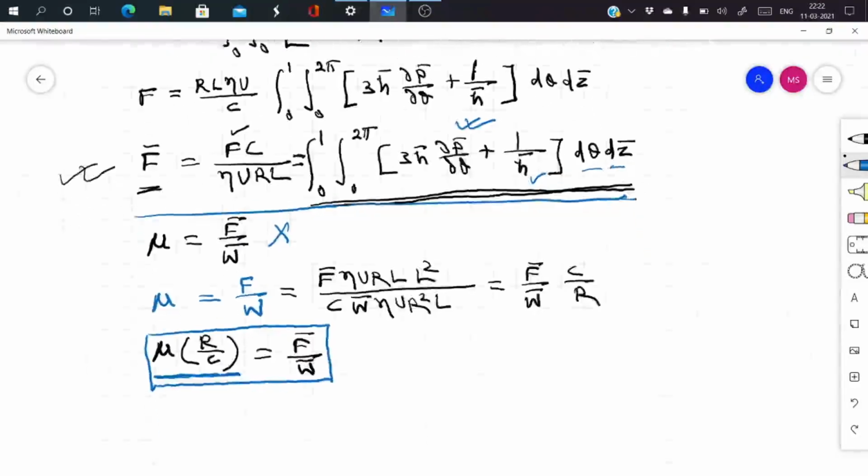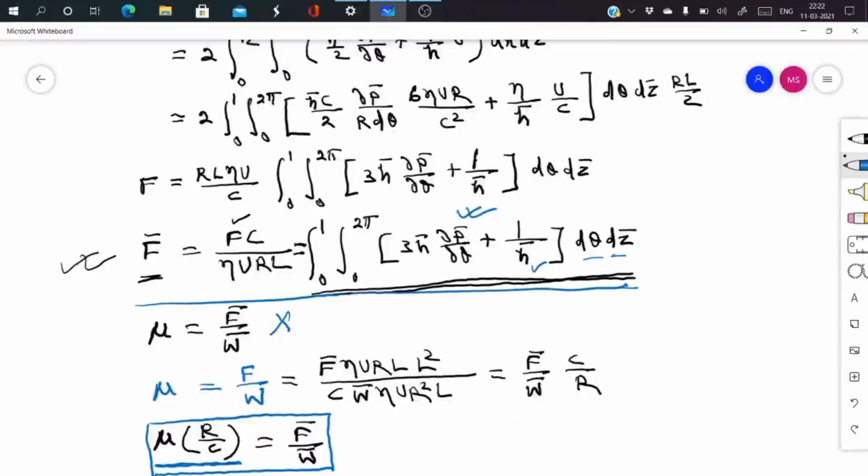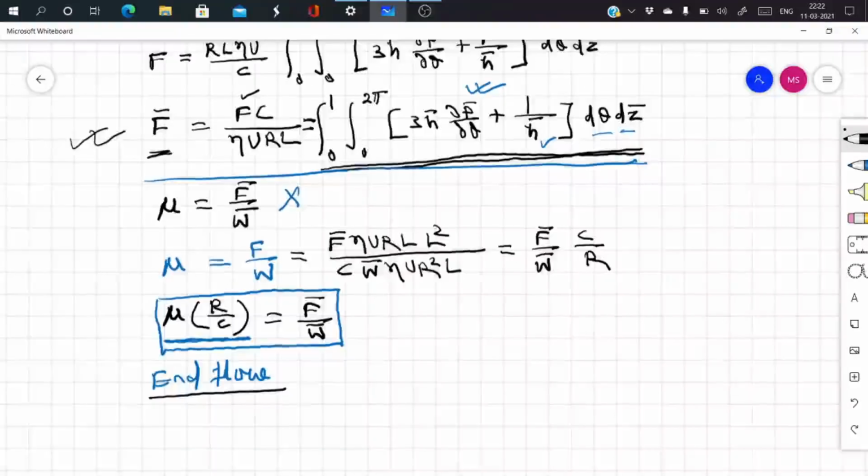Next important parameter for us, because this is a finite bearing, is how much flow is coming out at the end of the bearing. So let us see the end flow: how much flow is coming out at the end in the z direction, the length direction.